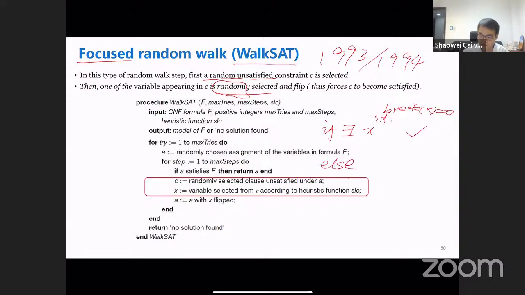Otherwise, with some probability, pick the variable with the minimum break value, and else just pick randomly. But the framework of first choosing an unsatisfied clause and then choosing a variable from this clause is called focused random walk. It represents a family of local search algorithms because each time it focuses on the unsatisfied clauses.